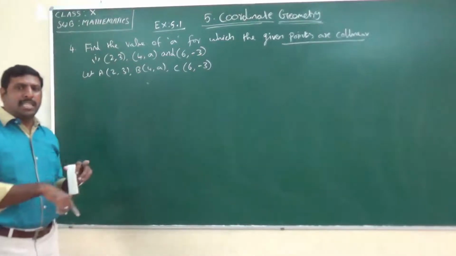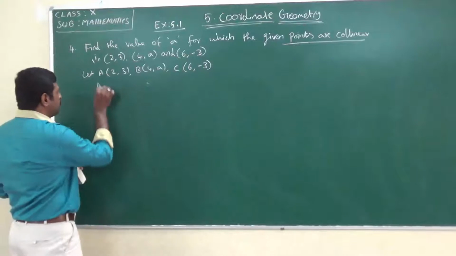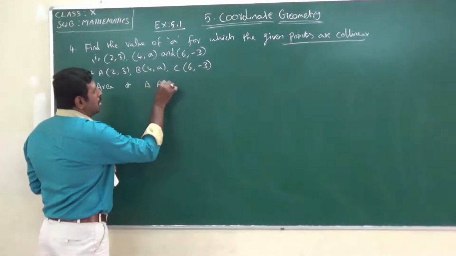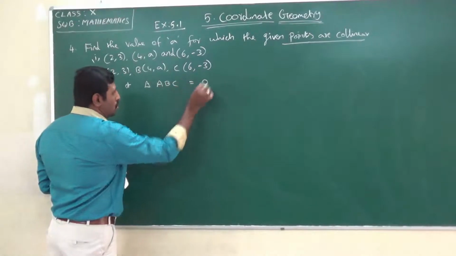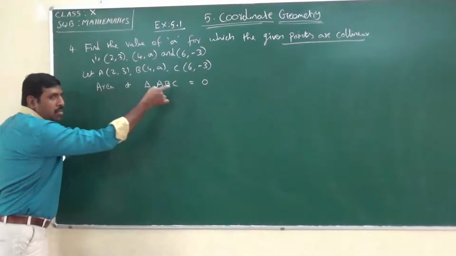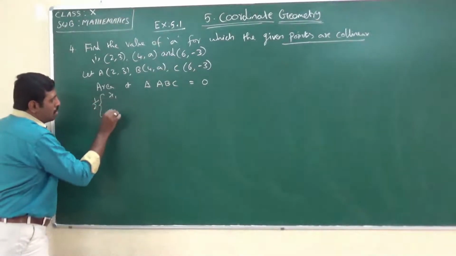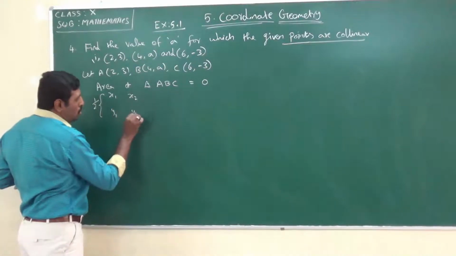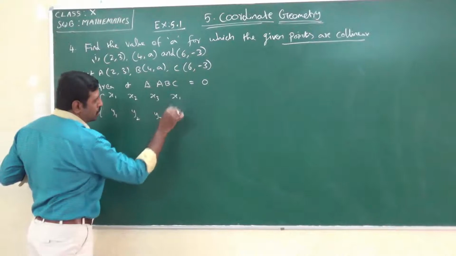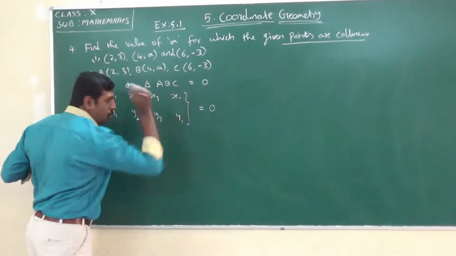Here the area of triangle ABC is equal to 0 by the collinear condition. Now the area of the triangle, we know the formula: half into x1 y1, x2 y2, x3 y3, again x1 y1. This term is equal to 0.